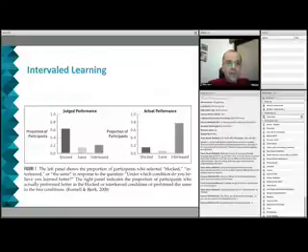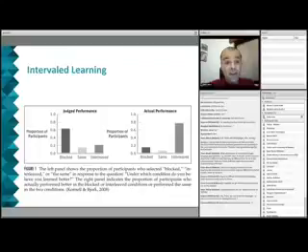So this talked about what interval learning is, and what it started to do for us was, okay, perhaps doing embedded, ongoing development of academic literacies throughout the curriculum might be more effective than just doing a first-year block course.